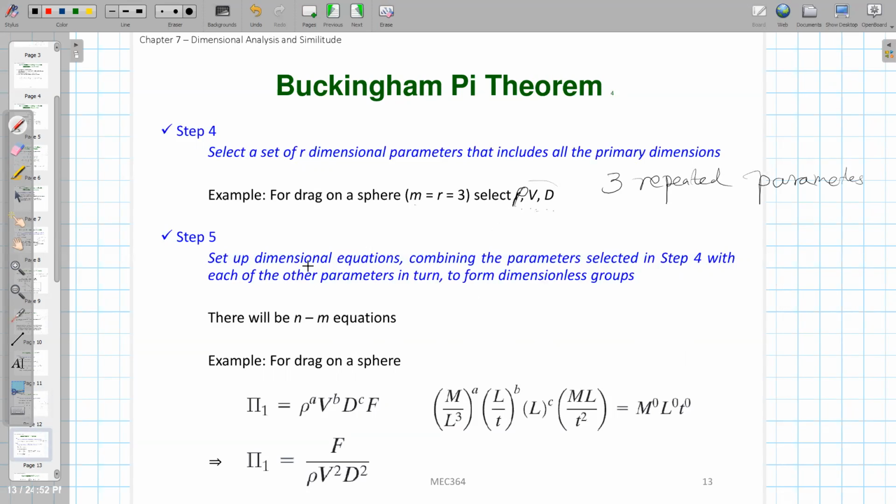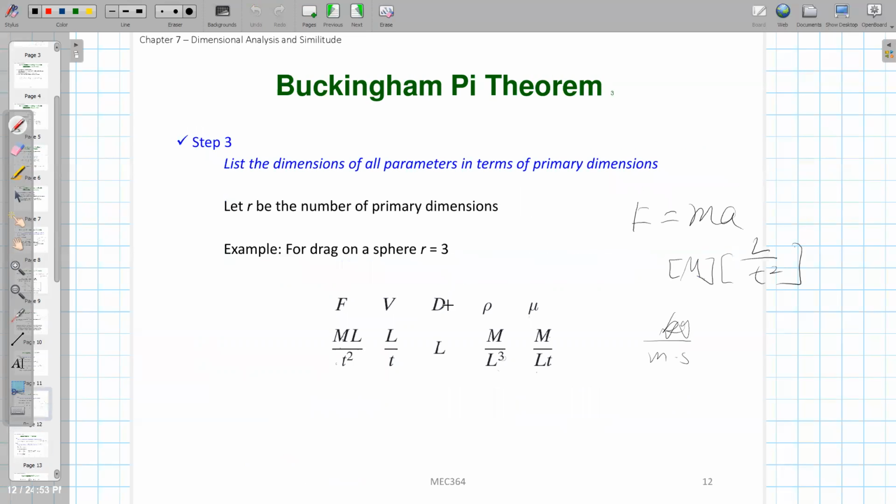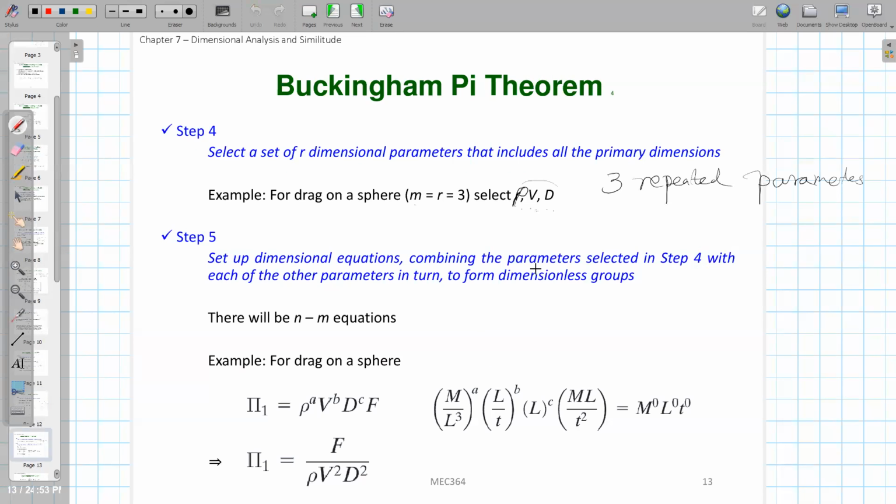So after choosing this, you set up a dimensional equation to compare the parameters to select in step 4. You choose 3 repeated parameters, right? So you have 2 left. I choose rho, I choose v, I choose d, so I have this f and this mu left. This f and this mu will be called the primary parameters.